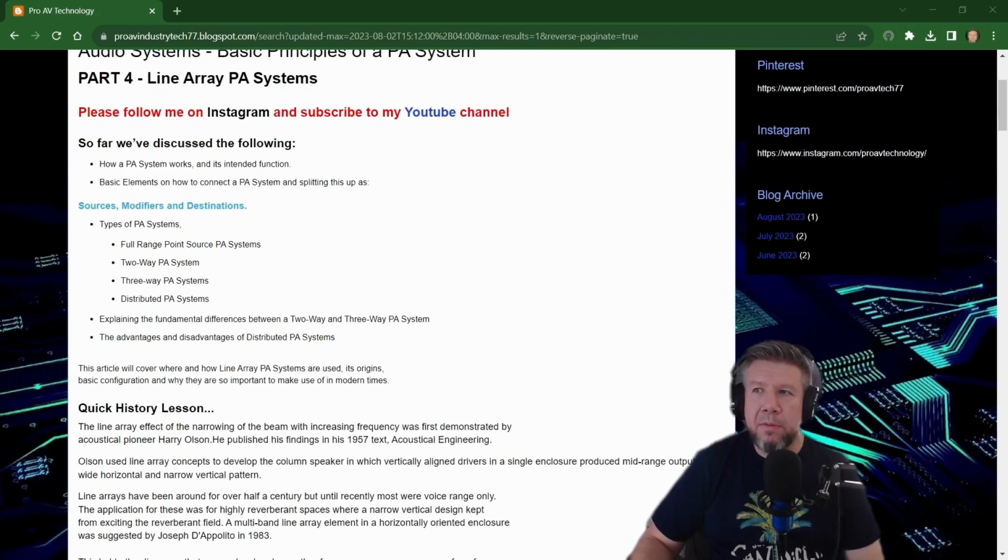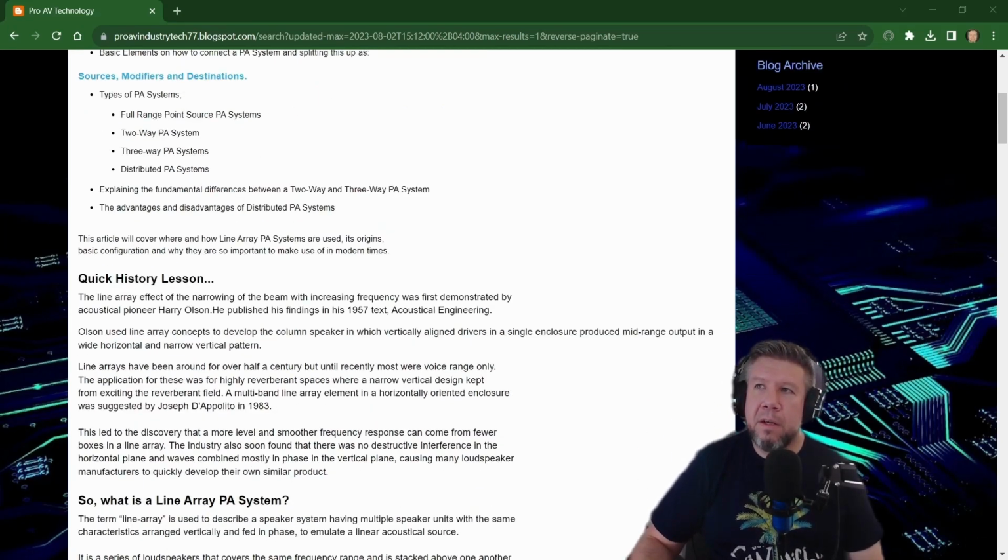And then explaining the fundamental differences between a two-way and a three-way PA system, and the advantages and disadvantages of distributed PA systems. Today's article will cover how line array systems are used, their origins, basic configuration, and why they are so important to make use of in modern times.